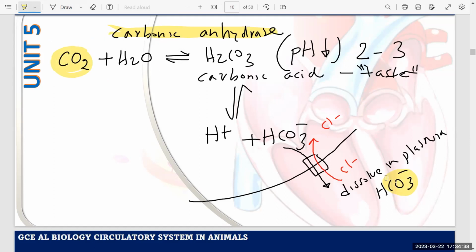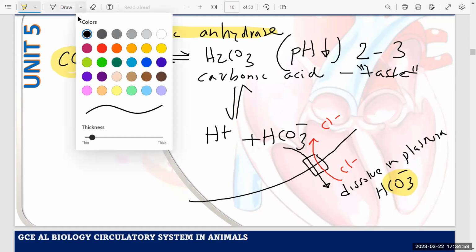Now just imagine this has happened in the legs. The muscle cells of the legs produce carbon dioxide. Then the carbon dioxide converts into bicarbonate ion. Now the bicarbonate ion comes to the lungs because the vein brings the blood to the lungs. In the lungs, the opposite reaction is happening.